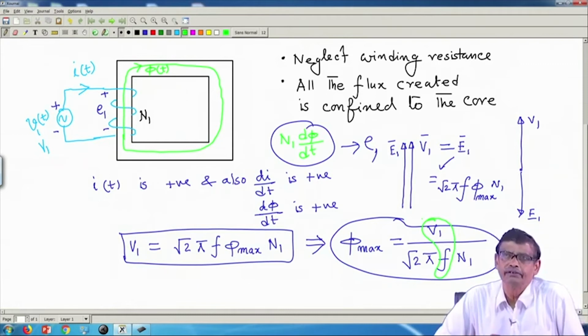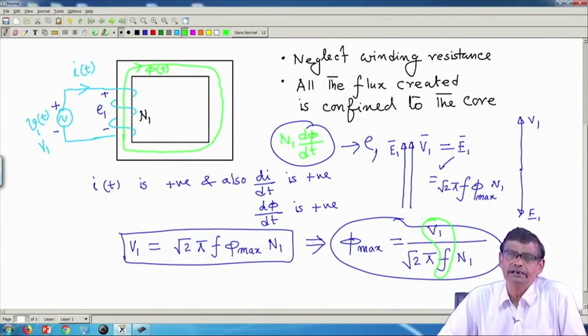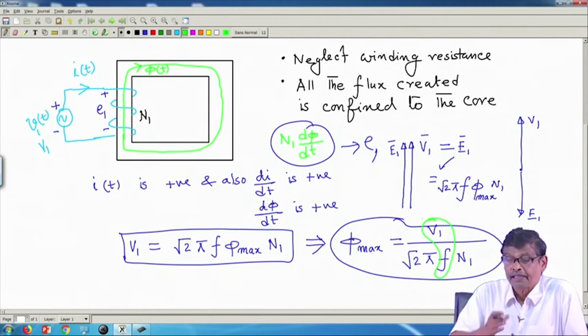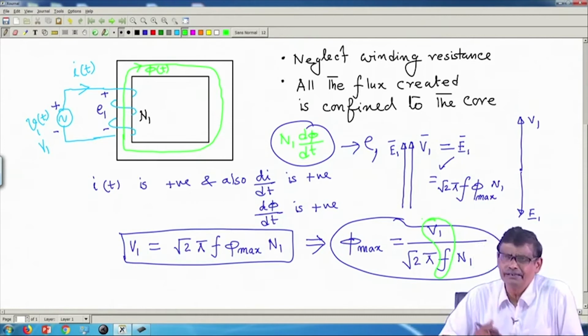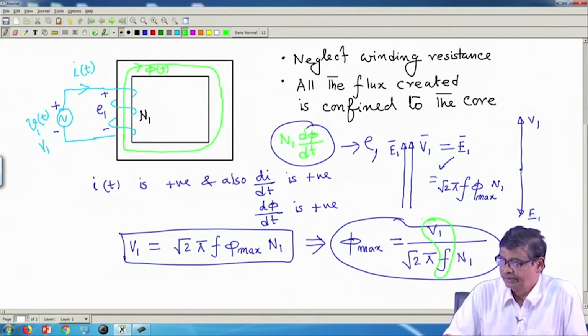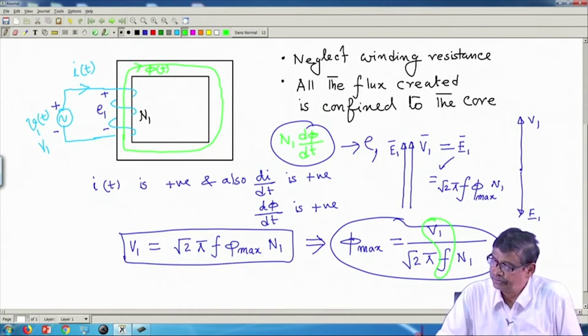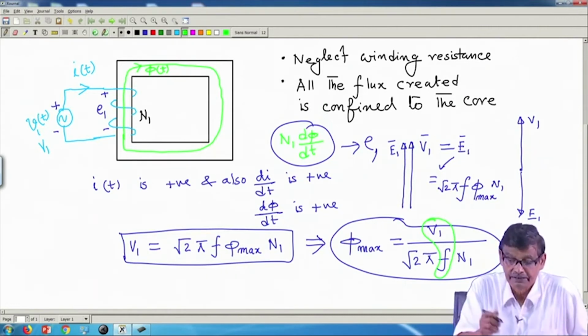Therefore, to describe a sinusoidal function completely, what you need is its peak value and the frequency. So, if a coil is excited from a sinusoidal voltage source, the value of phi max gets fixed, meaning the value of flux gets fixed in the core of the machine. This is the thing one should remember very carefully.